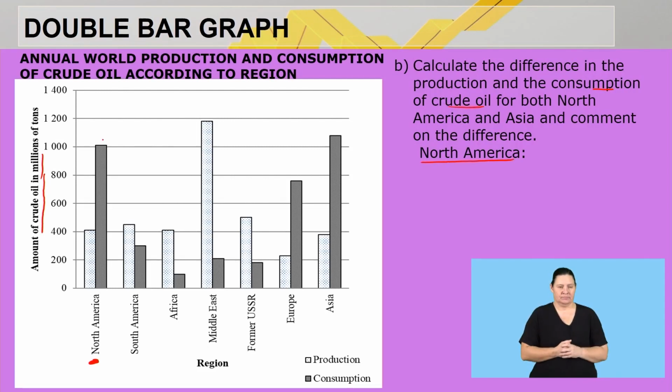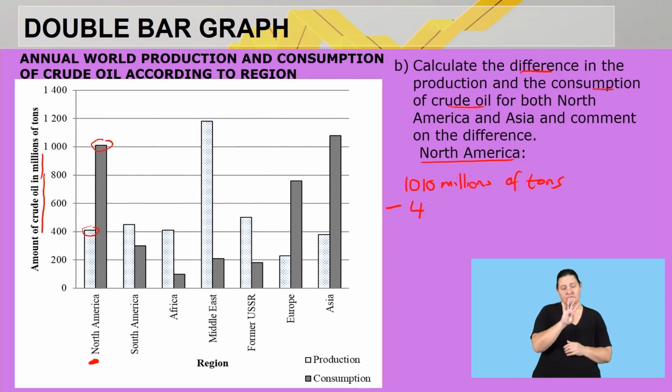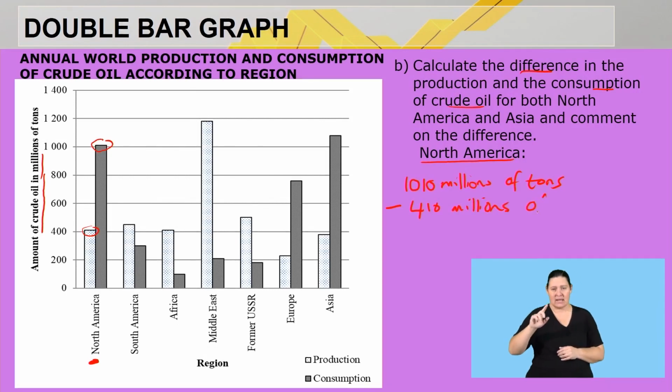So I'll start off, will you agree? Production here, if I look at that, will be roughly 1,010, and remember this is millions of tons. If I say calculate the difference, it means I must subtract. Now look here, will you agree, that's more or less 400, roughly 410 millions of tons.